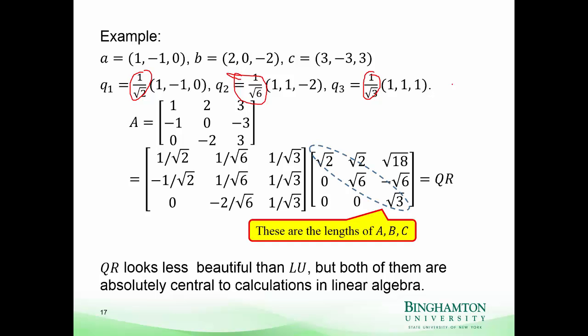Now this QR decomposition looks a little less beautiful, quote unquote, than the LU decomposition, only because the LU had this nice structure where the L was lower triangular and the U was upper triangular, so you had that kind of symmetry in some sense going on. But here, the fact that Q is an orthogonal matrix is huge. That's a powerful idea, and it's absolutely central to numerical linear algebra.